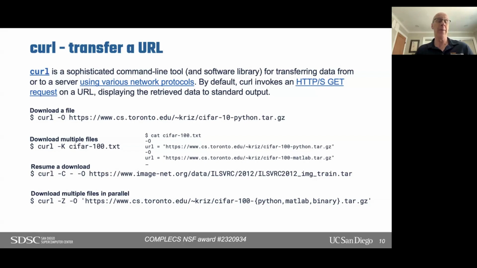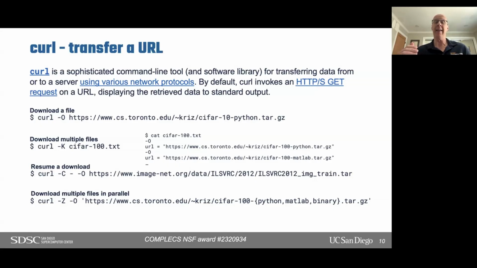Now, like wget, we can also download multiple files. For wget, the flag was -i. For curl, it's -K. And what this says is that I'm going to download the files that are listed in the text file. Now note that the format of that text file is a little bit different.